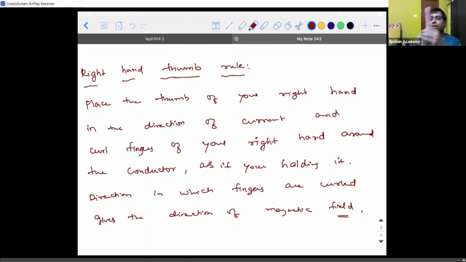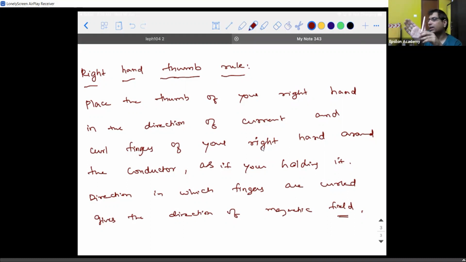Now let's say this is the conductor, and this is the direction in which the current is there. So what does the law say? Take your right hand and place the thumb in the direction of current. Current is in the upward direction, so I'm placing my thumb in the direction of current and curling the fingers as if I'm going to hold it.